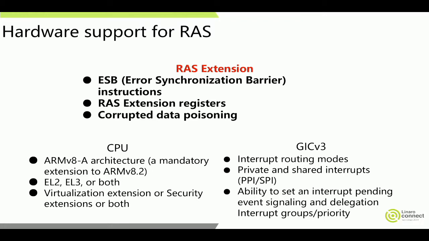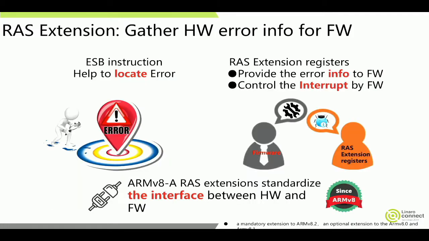So what is the RAS extension? I think this picture can give you the big picture. The ESB instruction just helps you to locate the error. Where is the error? You can set up a barrier, like a write barrier and read barrier: you set up one barrier, then a second barrier.